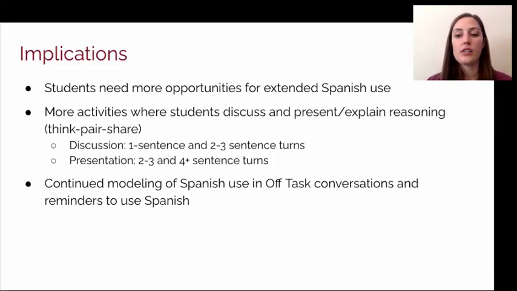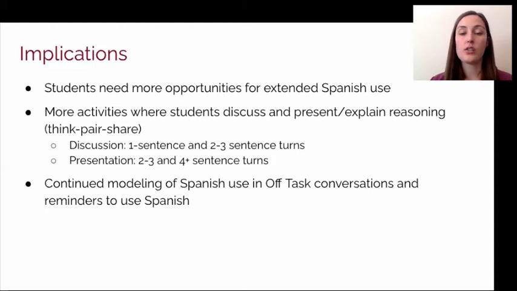But in their interviews, students reported that they felt that they got reminders to use Spanish a lot, but there were no reminders in these 5 class periods, and I didn't have any notes or recall any other reminders during the other class periods that I observed.